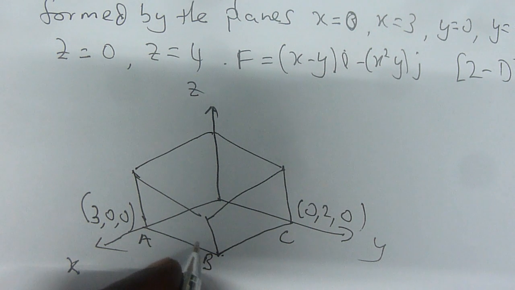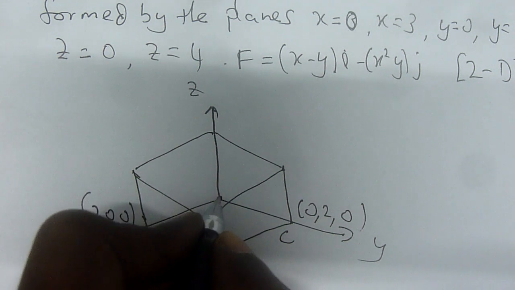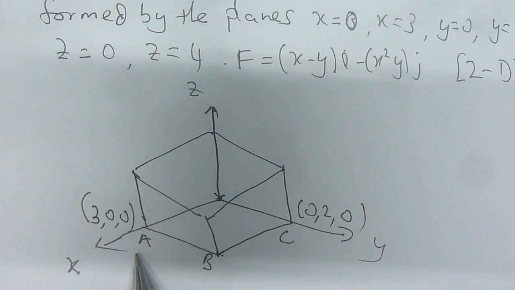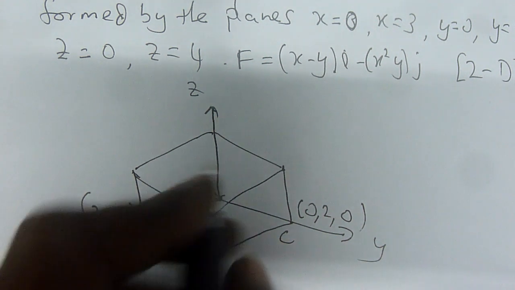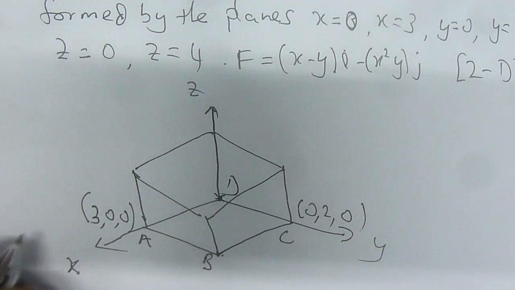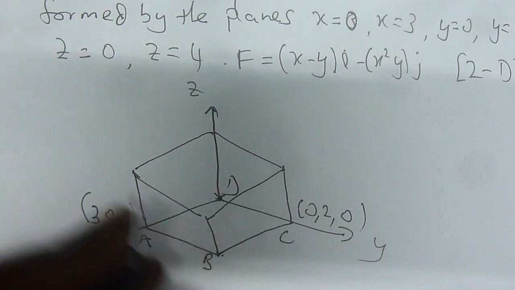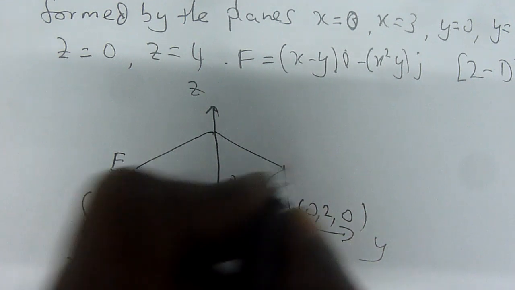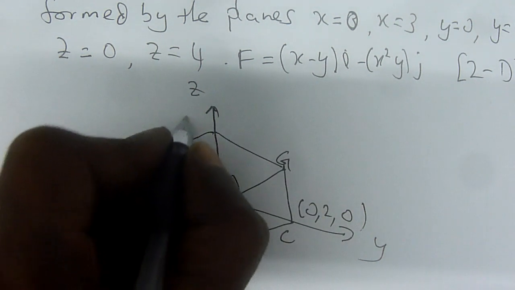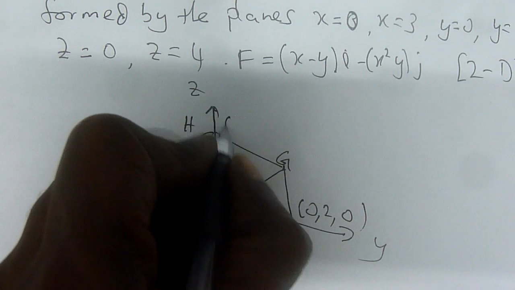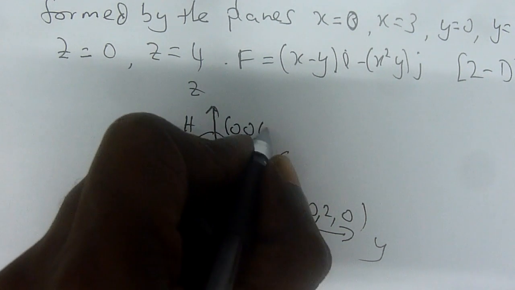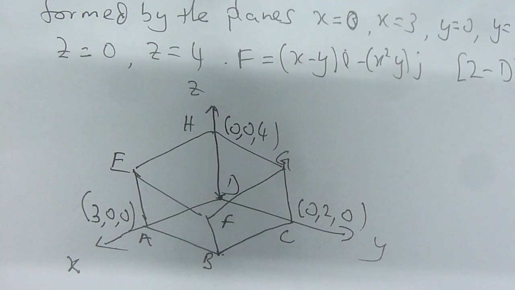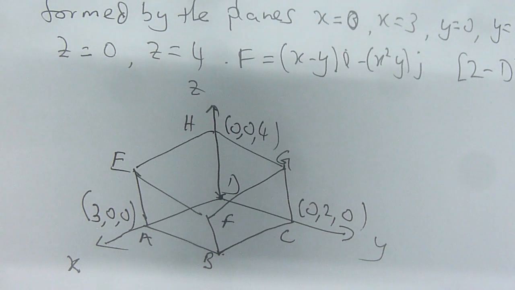One more, maybe I define here D, and then E, F, G, H, where H is 0 0 4. Can you see there are 5 surfaces?